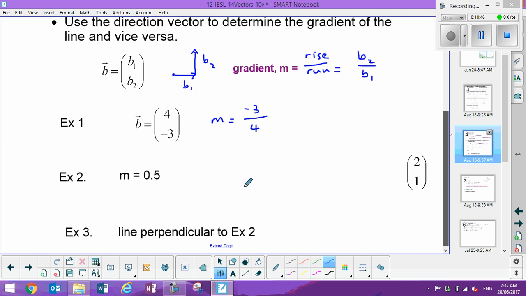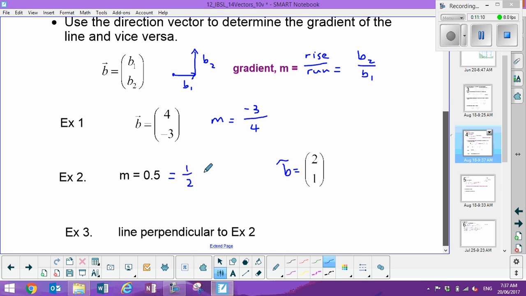So if I know the gradient is 0.5, then I can rewrite that as a half, write it as a fraction. So this is like the rise, that's like the run. So that means I can write our direction vector, call it B, as 2, 1.